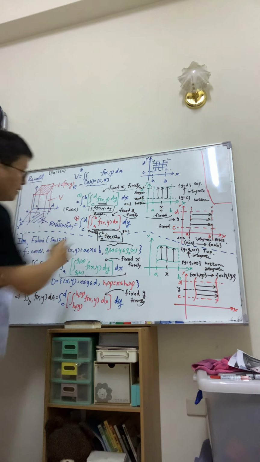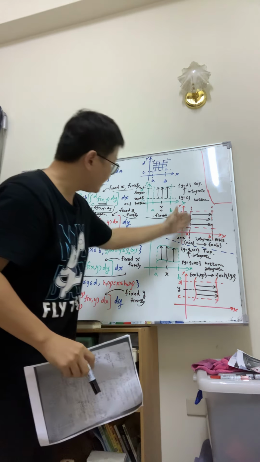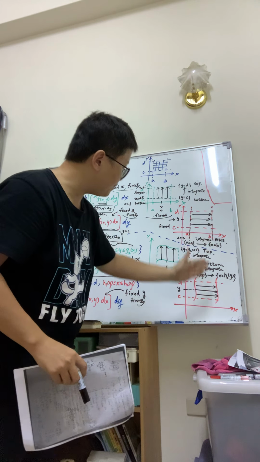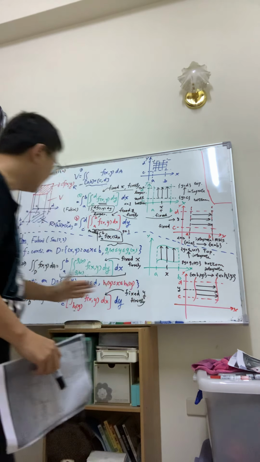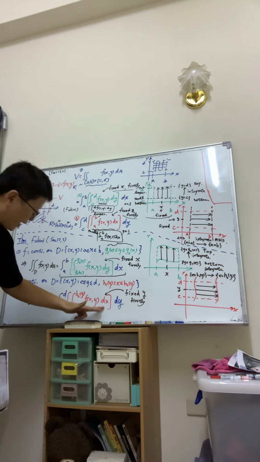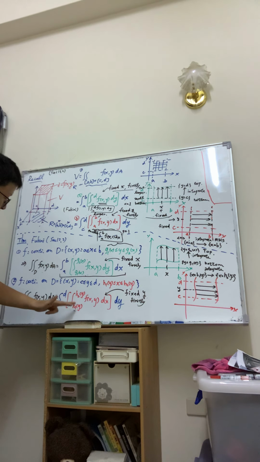And then here, for this part, we replace x equals a by x equals h1(y), and replace x equals b by x equals h2(y). So here the difference is this part. We integrate x firstly, and x is between h1(y) and h2(y).